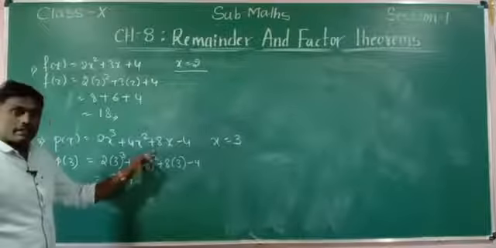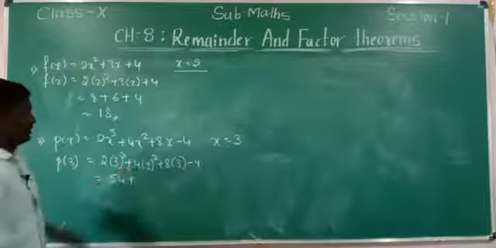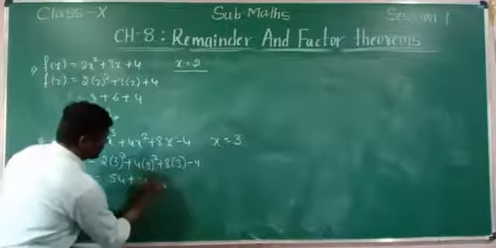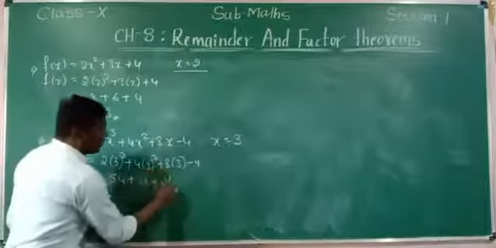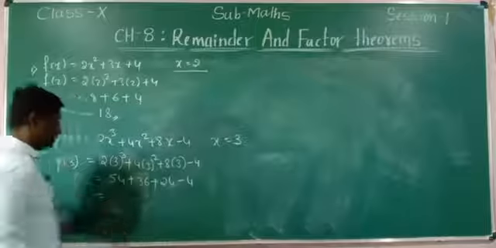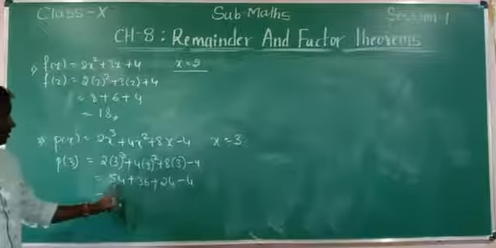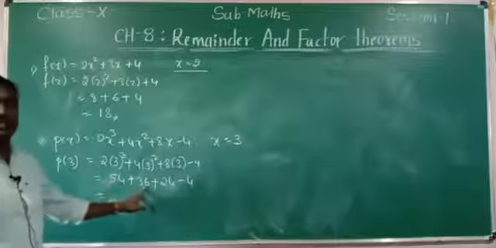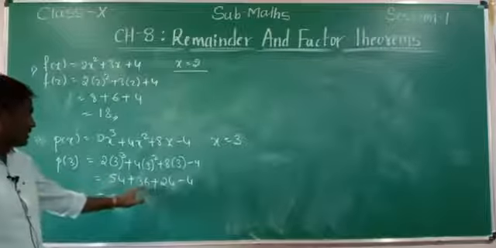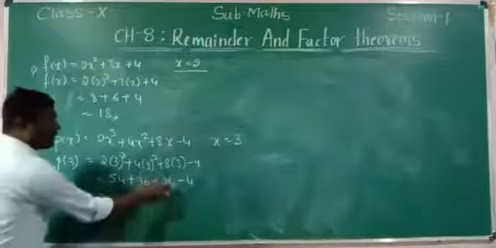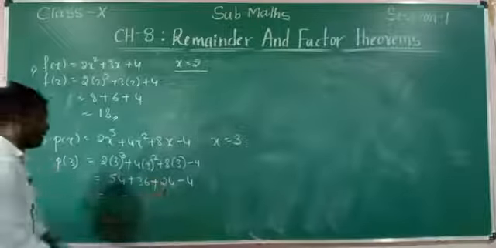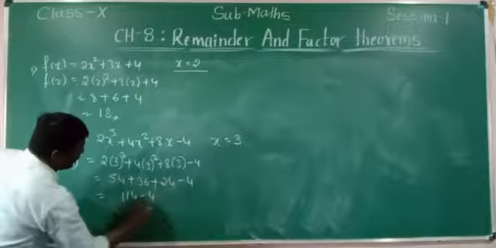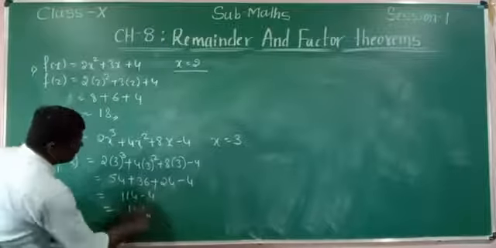Now 3 square is 9, 9 4s are 36, plus 8 3s are 24, minus 4. So 54 plus 36 is 90, 90 plus 24 is 114, 114 minus 4 is equal to 110.